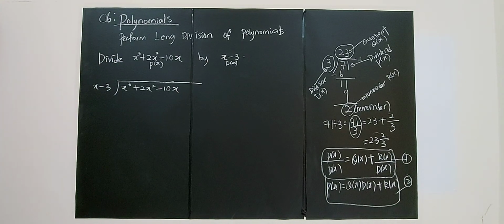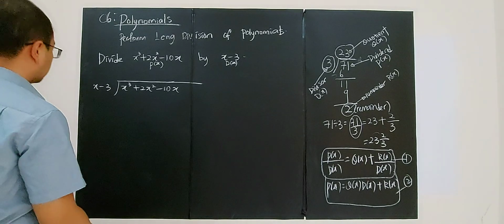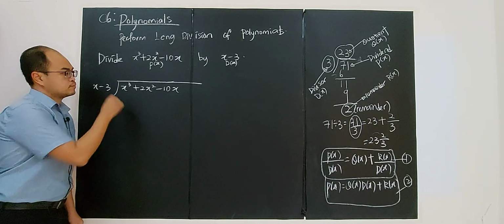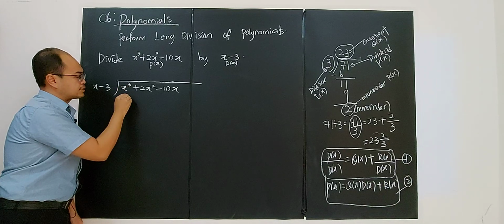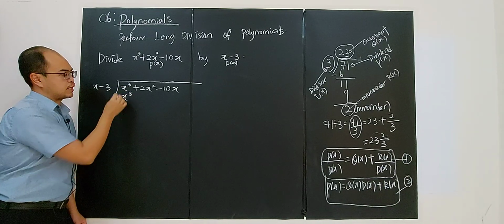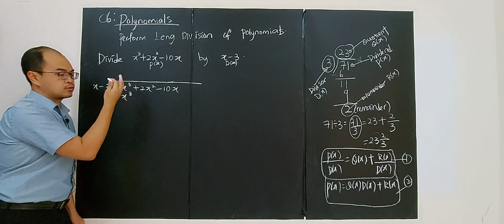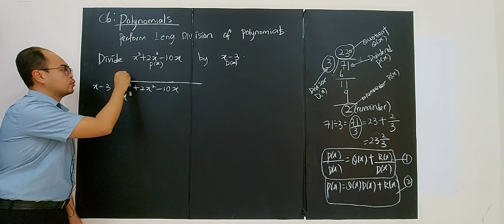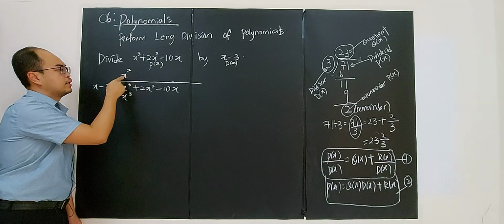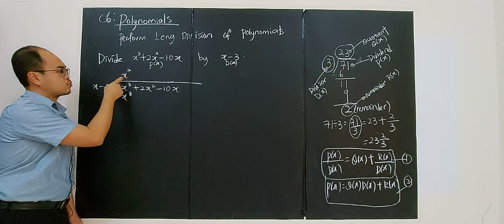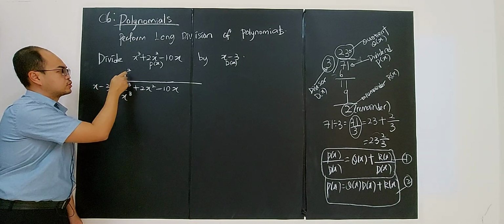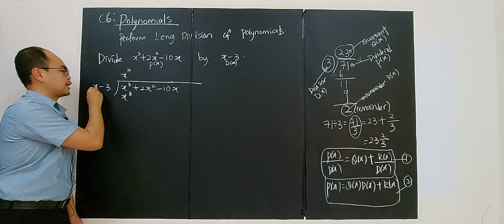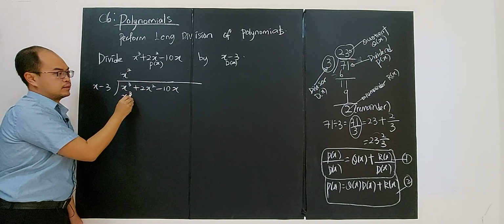So you see how I divide? Very simple. First, you need an x cubed here so that you can subtract and the x cubed is gone. You are going to eliminate the x cubed. So how? You multiply the x squared by the x here, because x squared multiplied by x gives x cubed.